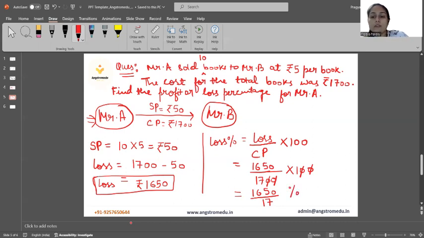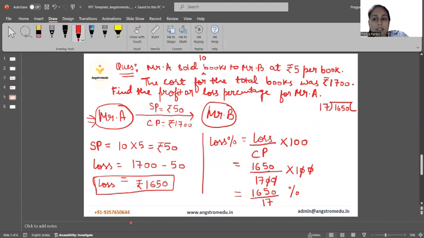If you want to leave your answer like this, you can, or we can convert it into a fraction as well. So let's do the division part also: 1650 divided by 17.